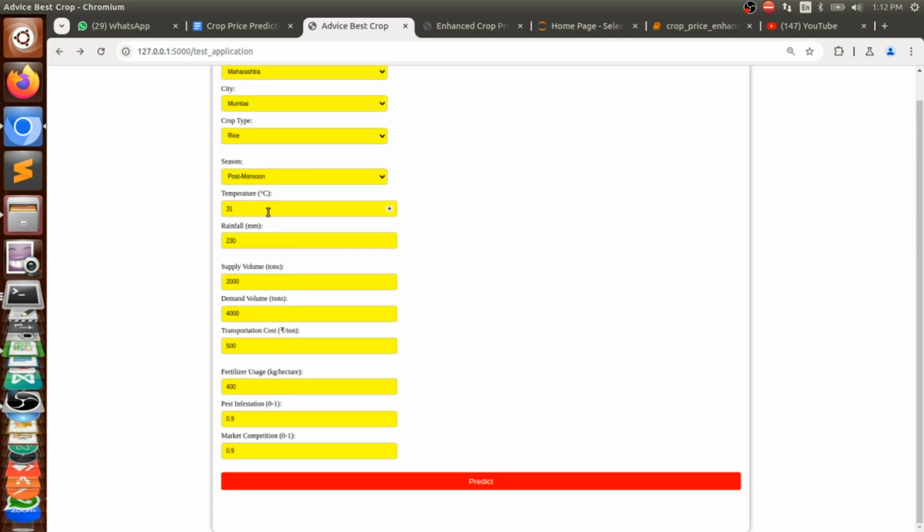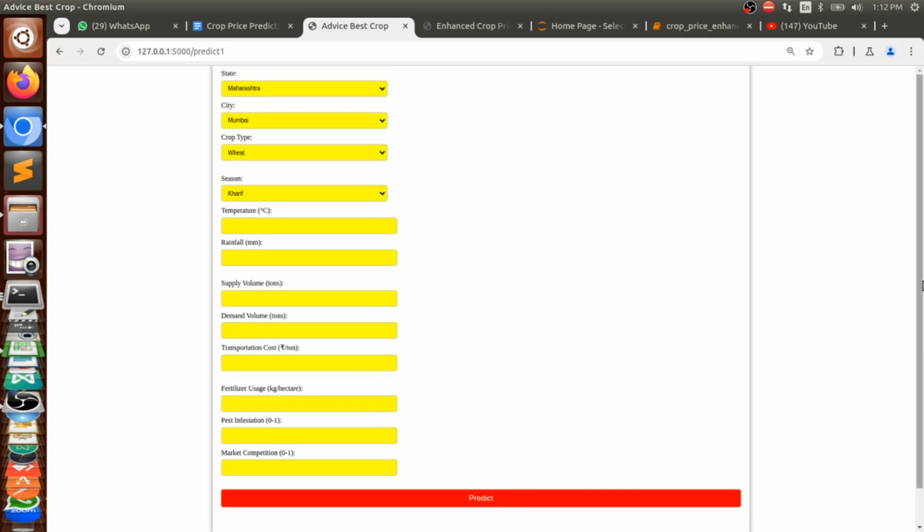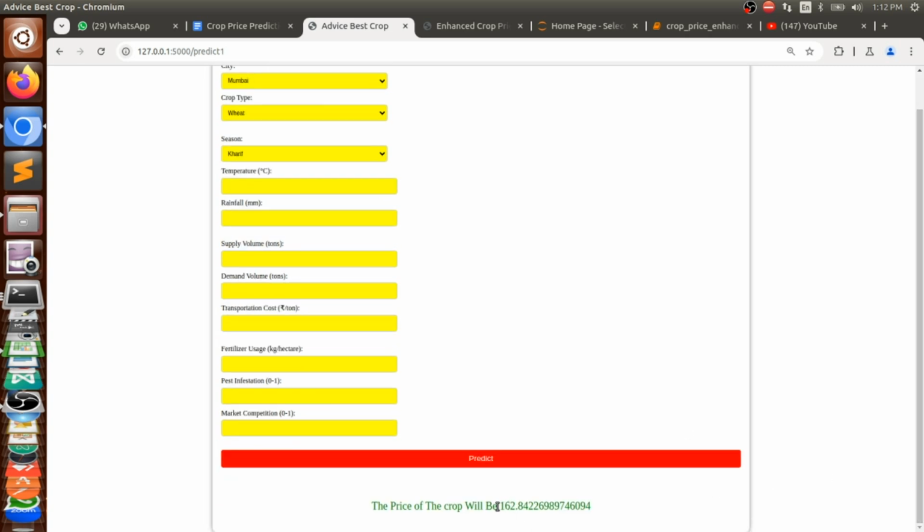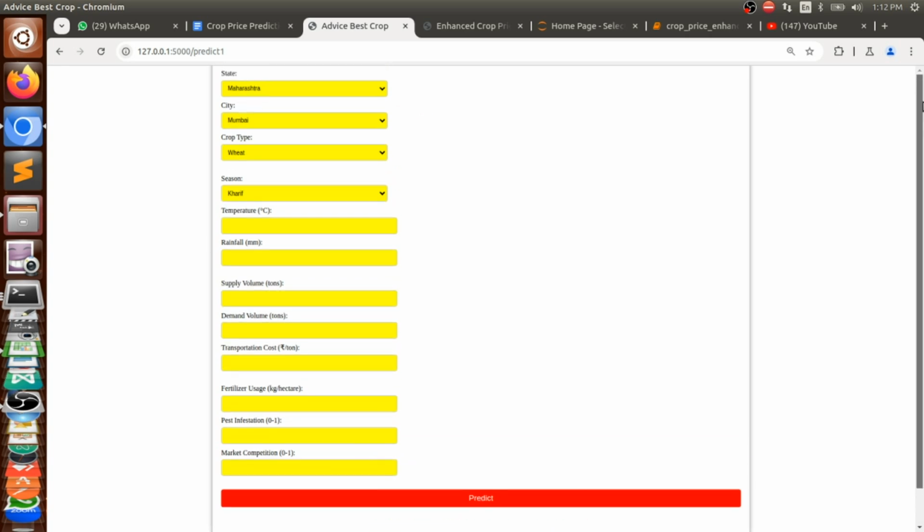And you can take rainfall as 102. As we saw in our analysis, rainfall is not impacting the prices a lot, 177 to 162. So this is our final implementation of that project on the sample values.